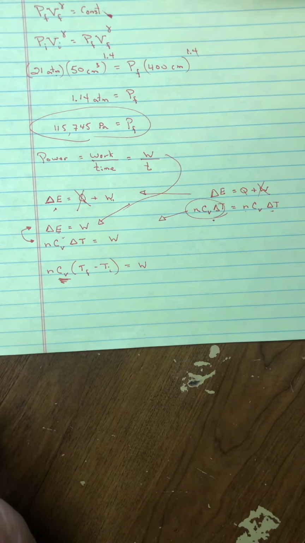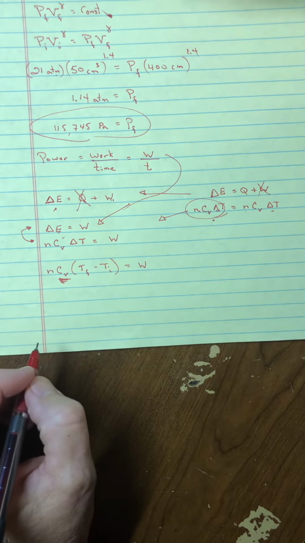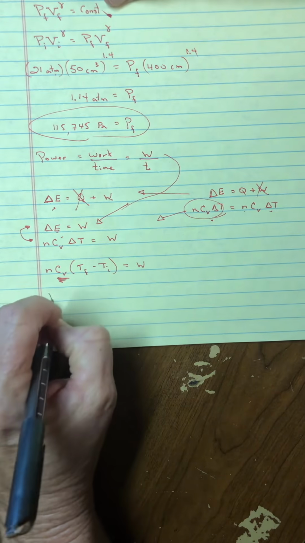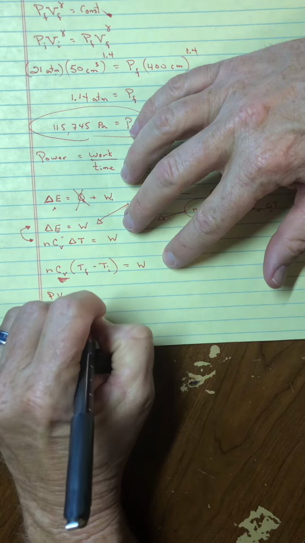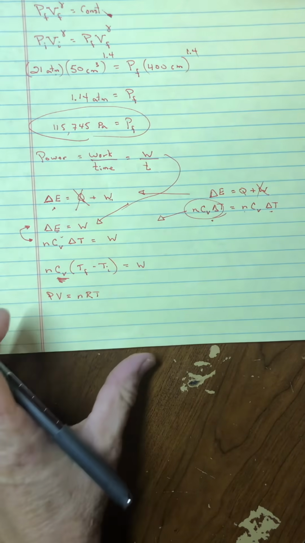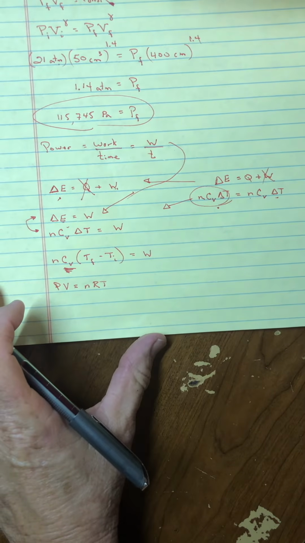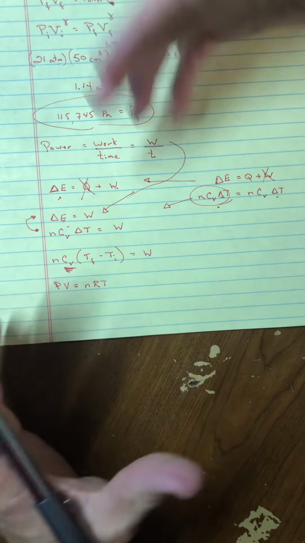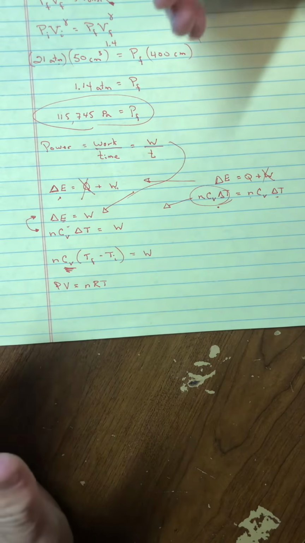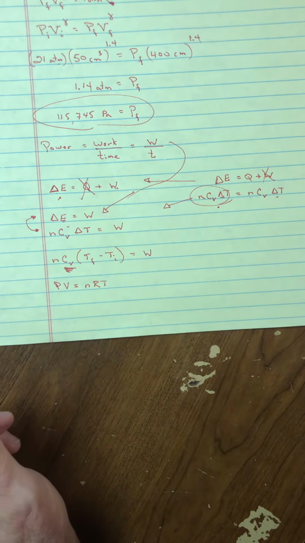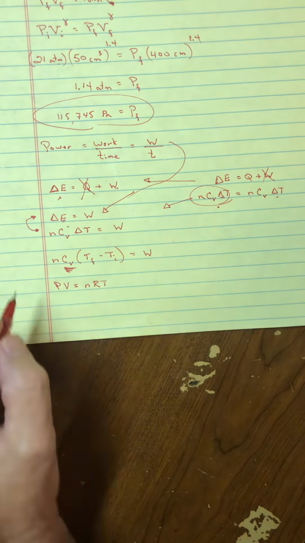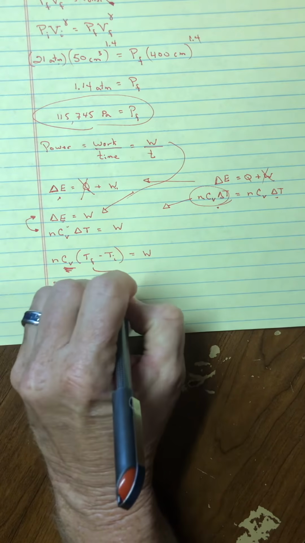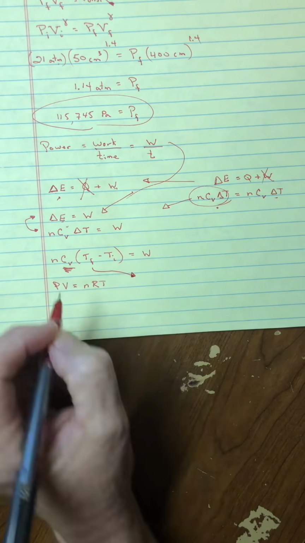Well, I'll keep going, because if you then remember that PV equals nRT, you could rearrange or rewrite this, if you will. In fact, you did a problem, or it's coming up a little bit later, it's number 43, where you're asked to show that this is equivalent to something else.